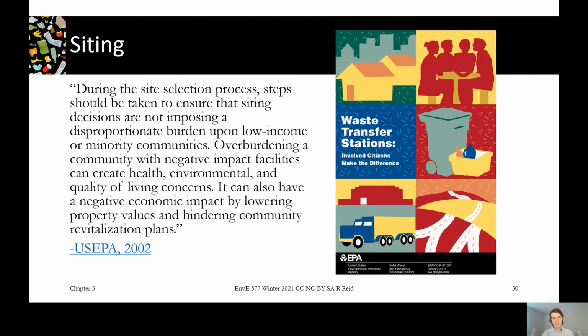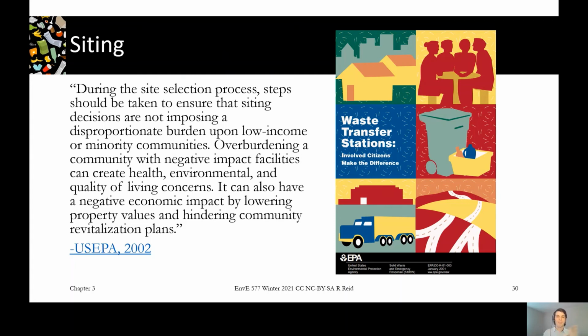And going back to some of our earlier conversations, talking about the idea of environmental racism, typically transfer stations have been sited in neighborhoods that have less political power to oppose having them there. And this has been recognized, and it's something that people who are doing siting actively are trying not to do now.